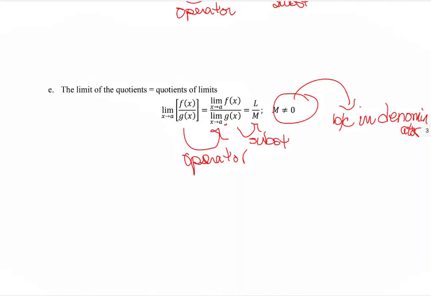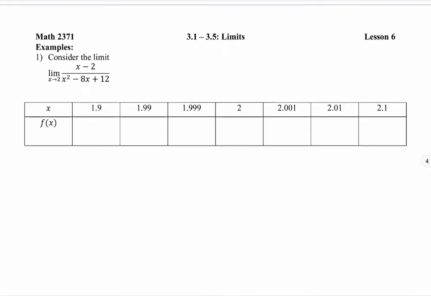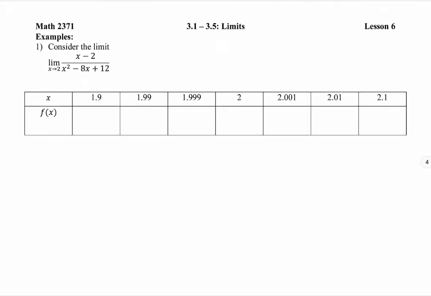So now let's get to some examples. The first example is going to be where I estimate all of these numbers and show by approximation. So for the first one, I'm actually going to put in 1.9 minus 2 over 1.9 squared minus 8 times 1.9 plus 12.